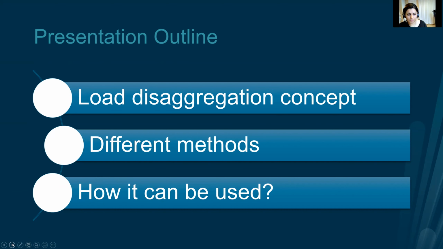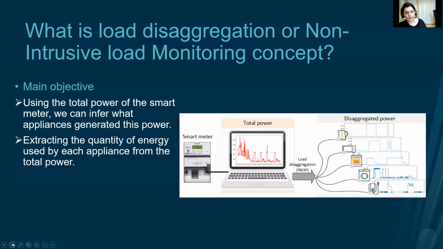and their customers. What is load disaggregation or non-intrusive load monitoring concept? There are two main objectives for this technique. The first one is by using the total power of the smart meter, we can infer what appliances generated this power. And the other objective is extracting the quantity of energy used by each appliance from the total power.